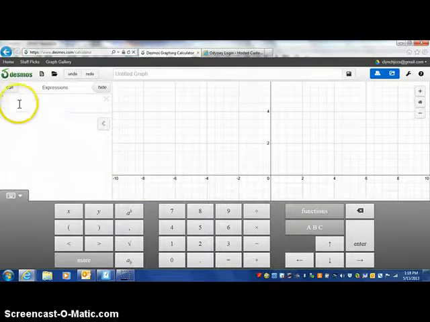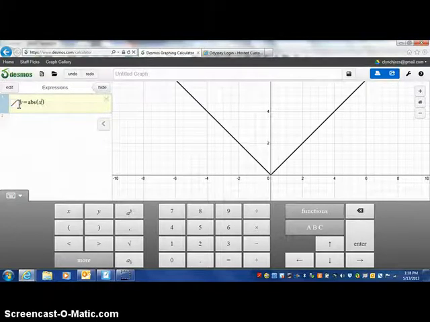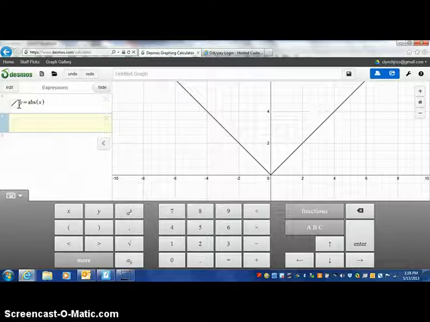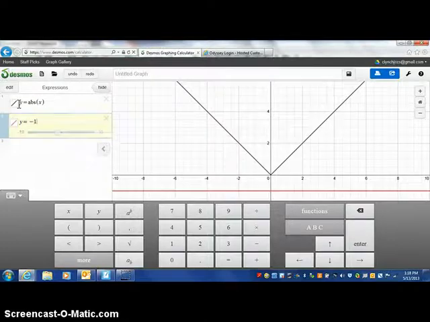Okay, and in your Desmos graphing calculator, you want to type in two different functions, hence the piecewise. The first function is just y equals the absolute value, and that's abbreviated in Desmos as ABS, of x. Okay, and that gives us the V that we're expecting. The second function we want to graph is just y equals -1. And that's a line that we expect.